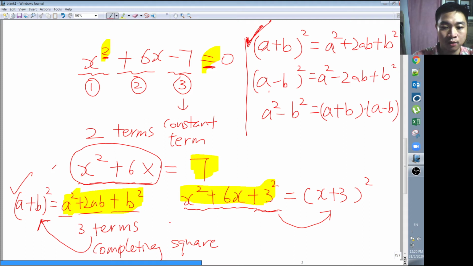So that means you are going to introduce this term to the left hand side in order to complete the square for the left hand side. This is your left hand side, and you have already introduced your plus 3 squared.